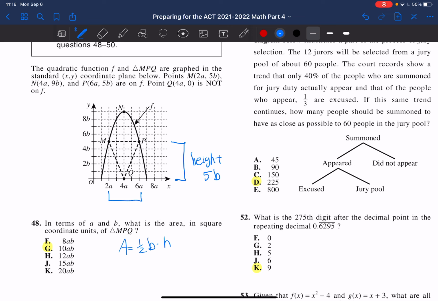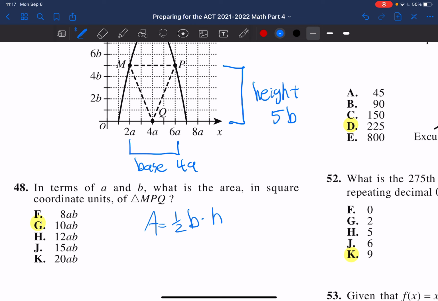Well, it goes from here to here, and that is 4a. So we're putting that in terms of a and b. Now we can apply that to our area formula. Base is 4a, the height is 5b, and so what we have is 10ab. And so our answer is letter G.